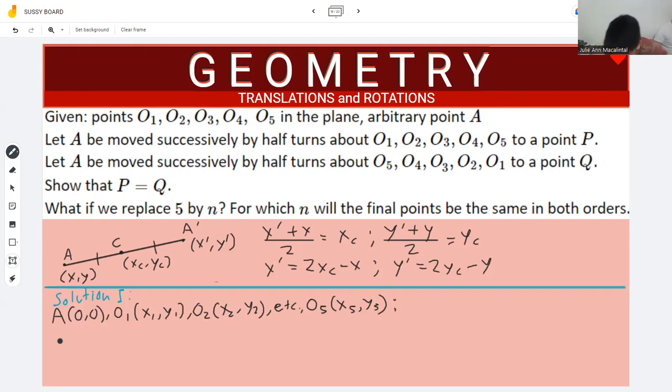So first we move it by the very first rotational center O1. So x prime, the first prime movement.